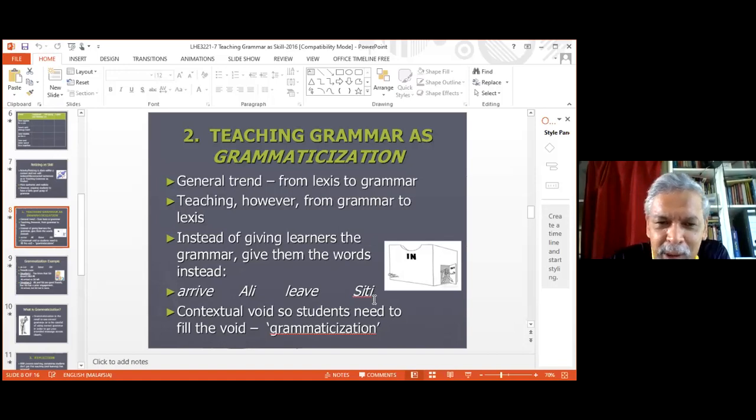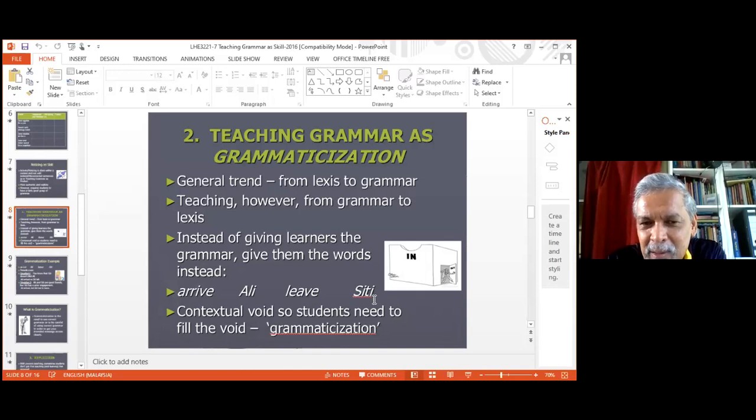So you have to put in all the inflections, right? You cannot say Ali arrive, city leave. Ali is singular, so arrive has to have an S. City is singular, and leave has to have an S. You can also make it Ali arrives, so city left.